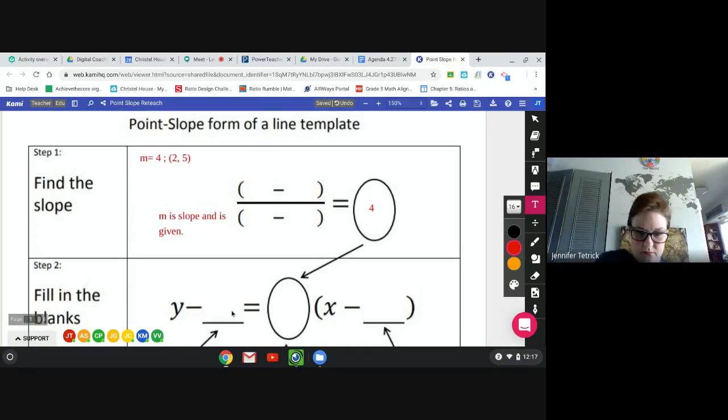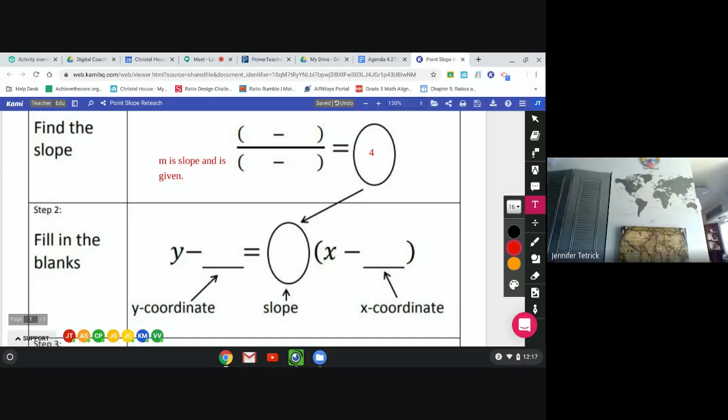Now, you have the formula for point slope form.